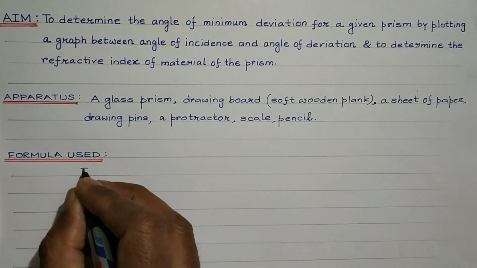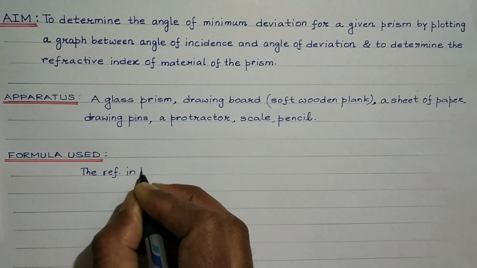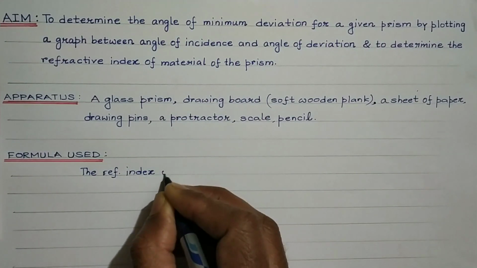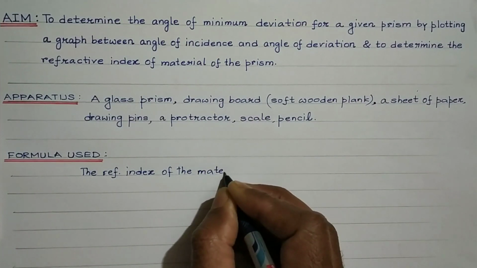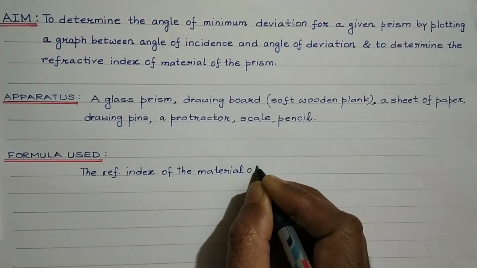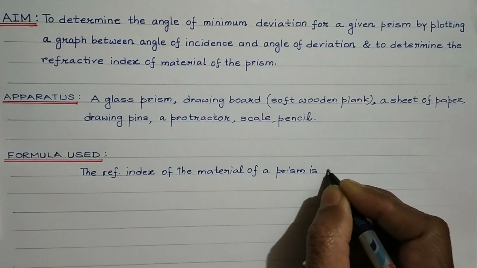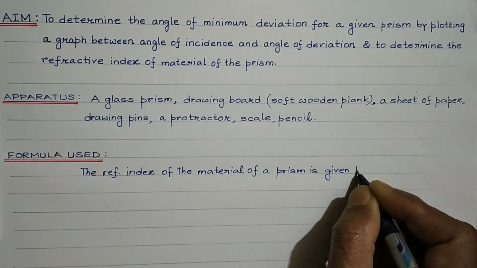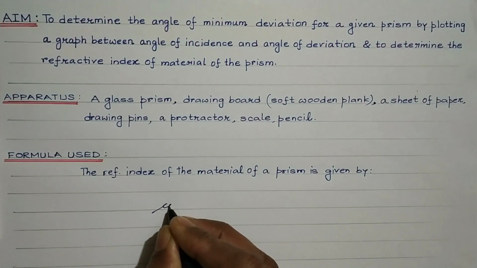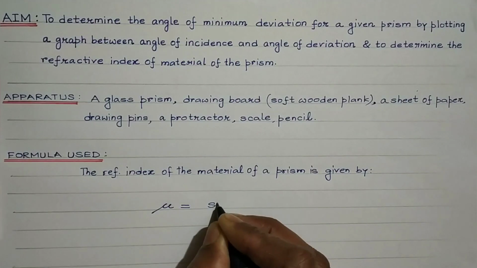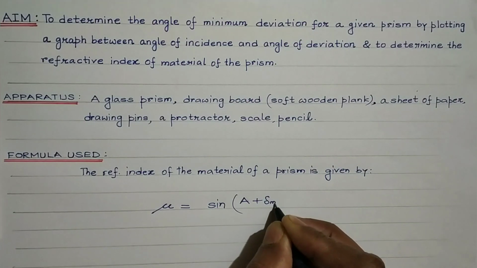The refractive index of the material of a prism is given by: mu is equal to sine of (A plus del m) by 2.